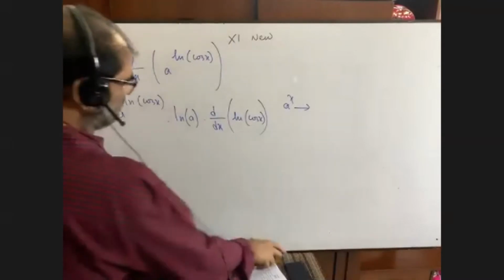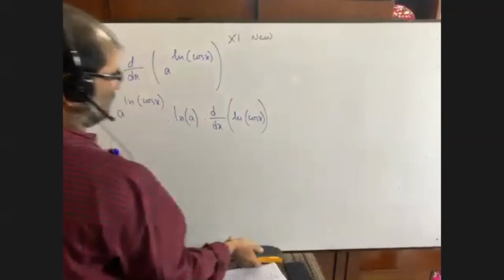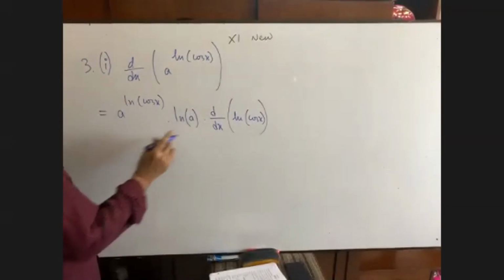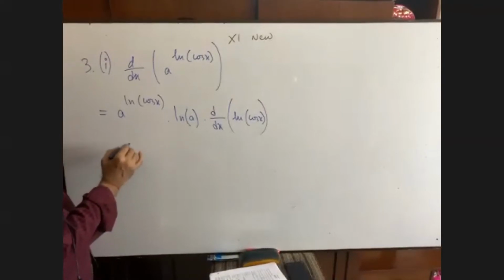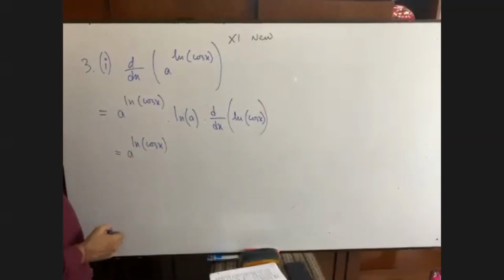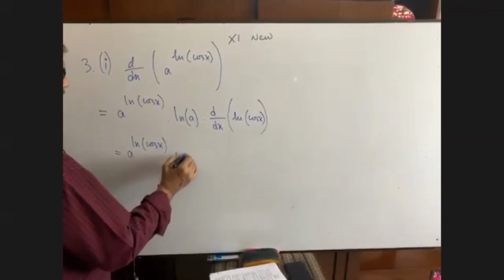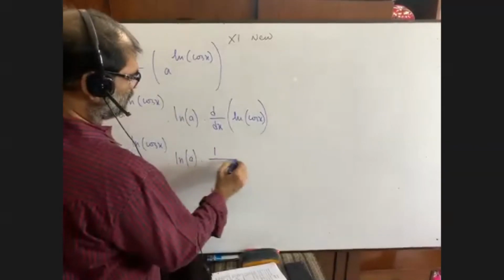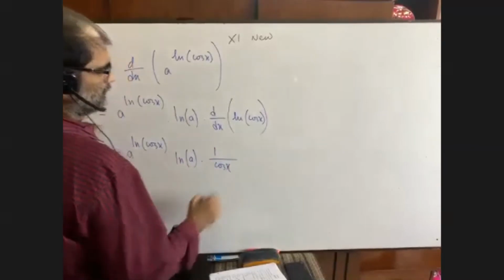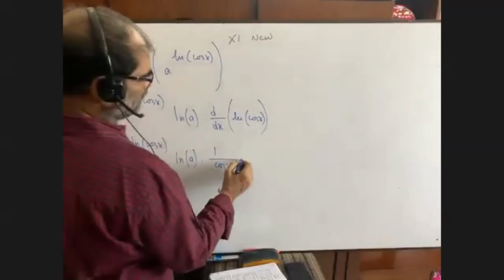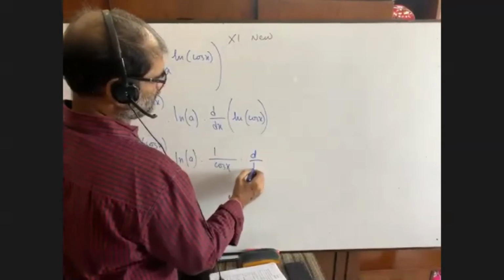So what should be done here? We can carry it like a to the power ln cos x into ln a into d by dx of ln cos x. Ln x equals to what? 1 by x, right? And it is not only x, so it is to be differentiated again.